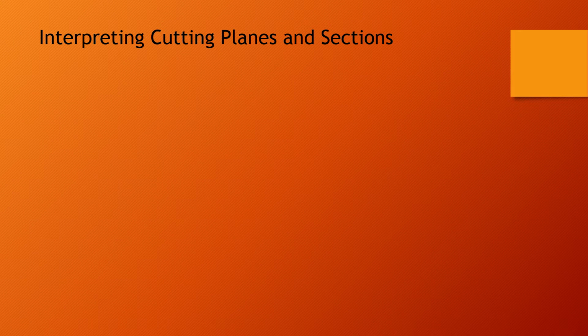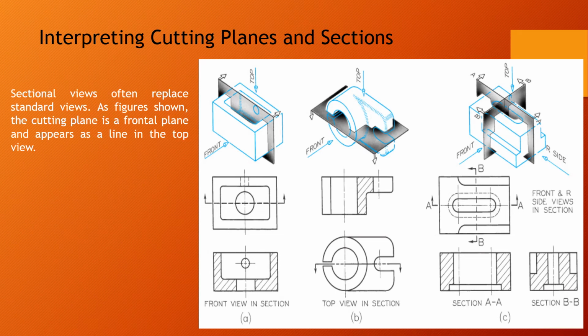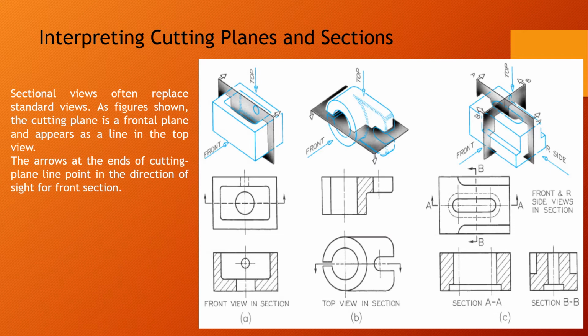Interpreting cutting planes and sections. Let's see one by one. Sectional views often replace standard views, as the figure shows. The cutting plane is a frontal plane and appears as a line in the top view.